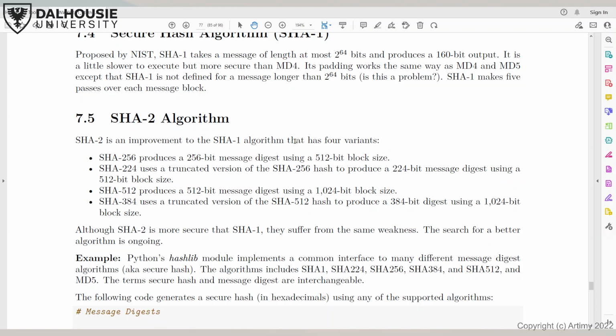The 224 is the lighter version. It produces 224-bit messages using 512-bit blocks. So they share the same block size, but the output is smaller.